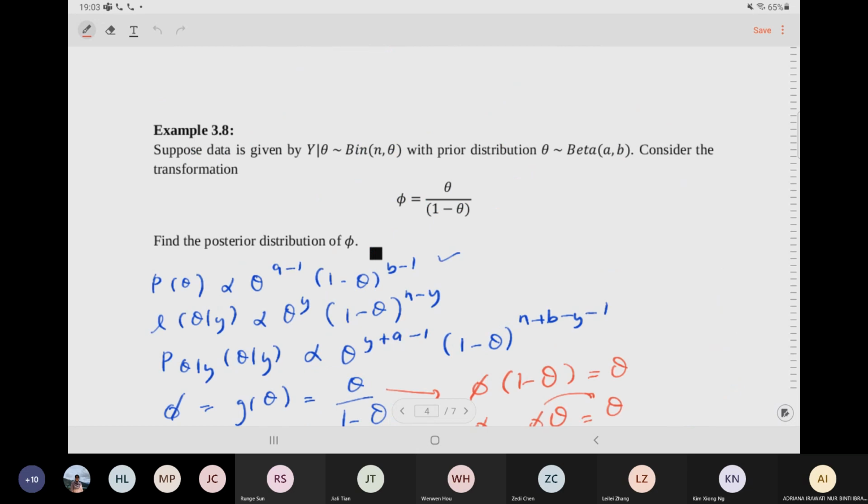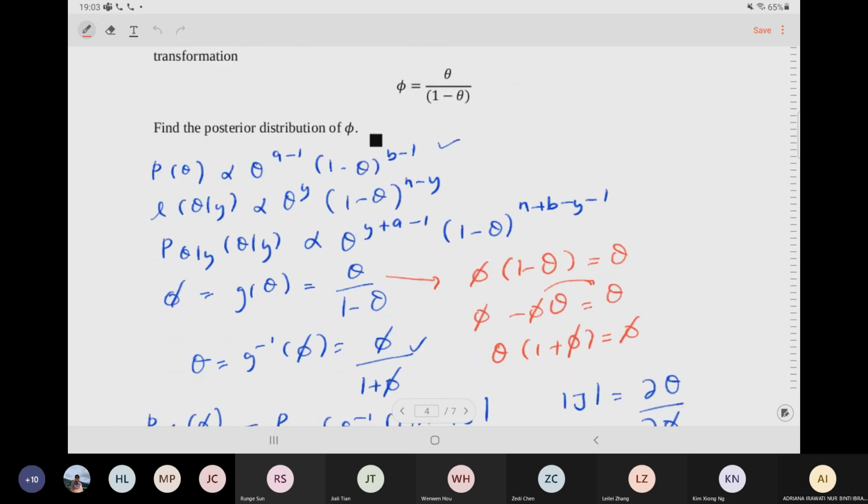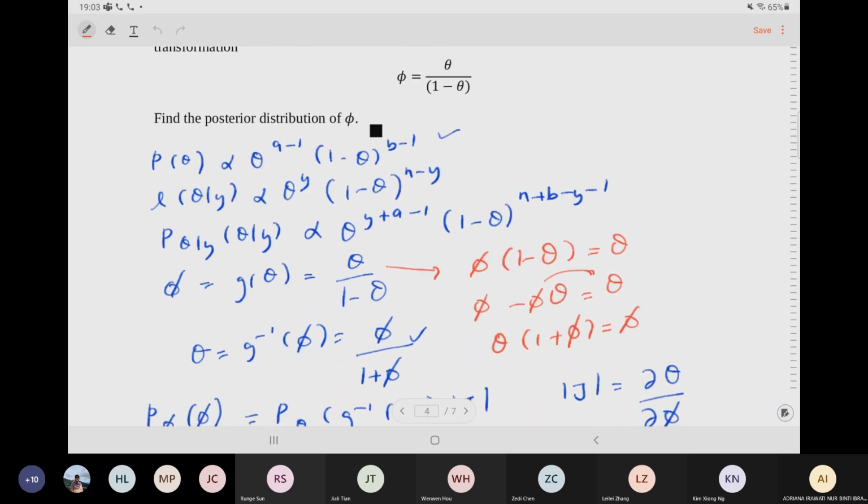Just take note over here: this posterior is a beta with parameters y plus a, and n plus b minus y. So the posterior here is actually a beta.